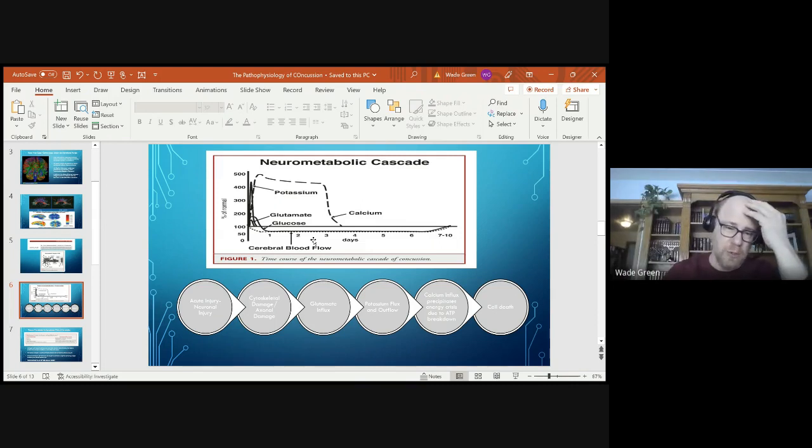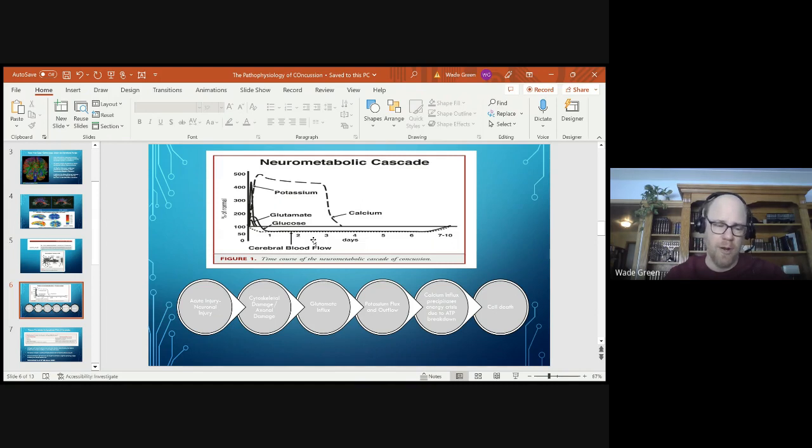Glutamate comes in and facilitates this hyperactivity of the sodium potassium pump. We have this large outflow of potassium and this large inflow of calcium into the brain. That facilitates the lack of glucose and the lack of breakdown of ATP, and then ultimately that can lead to cell death.